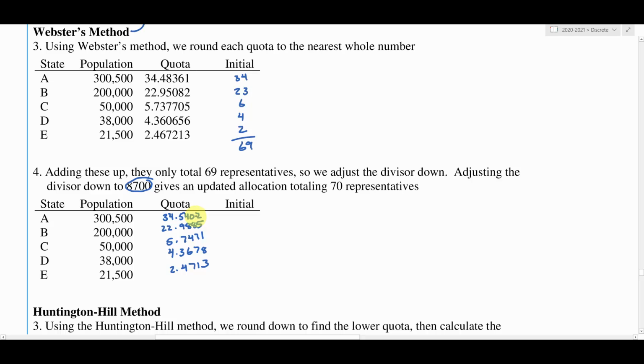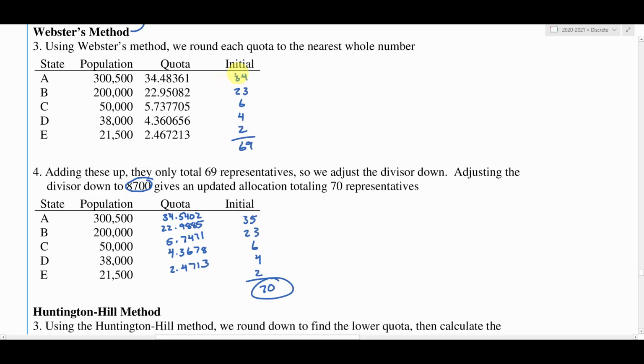So 34.5402 rounds up to 35. The 22.9885 rounds up to 23. This one will round to 6, 4, and 2. When I add those up, we get 70 representatives apportioned, which is exactly what we needed. So this modified divisor worked for us and got us the apportionment that we needed.